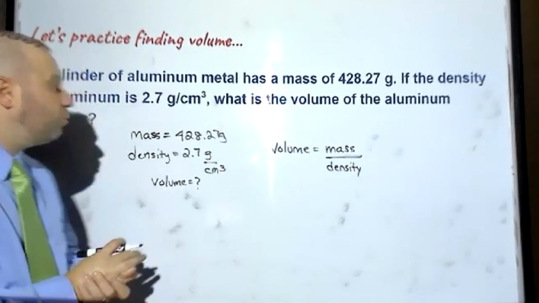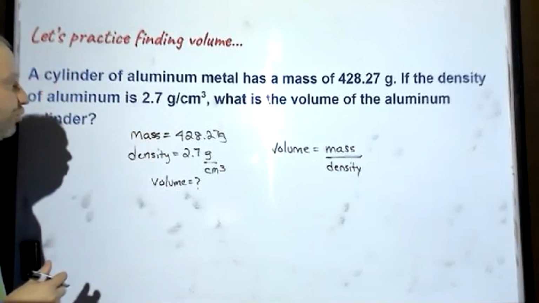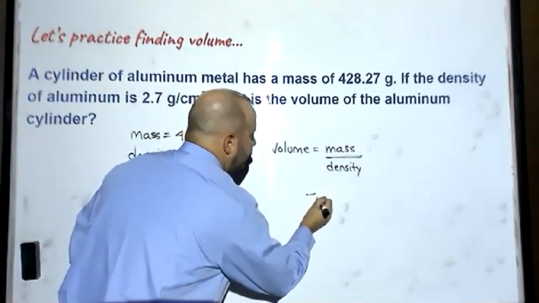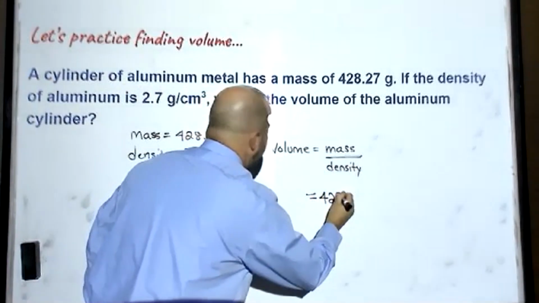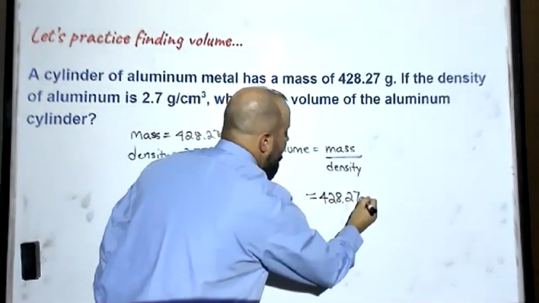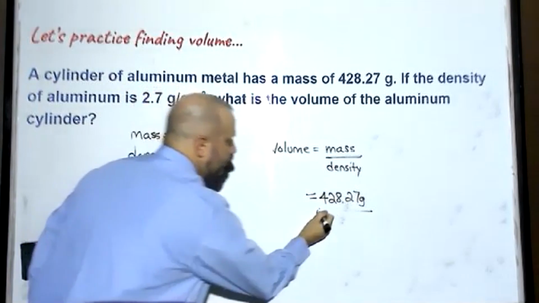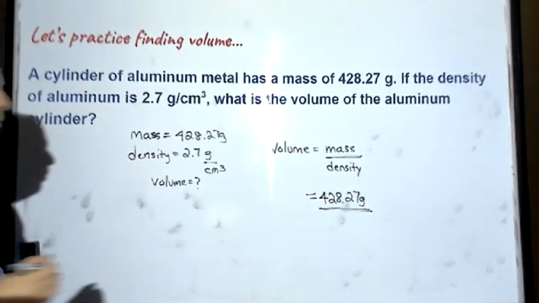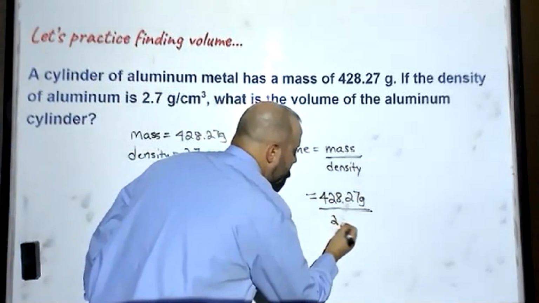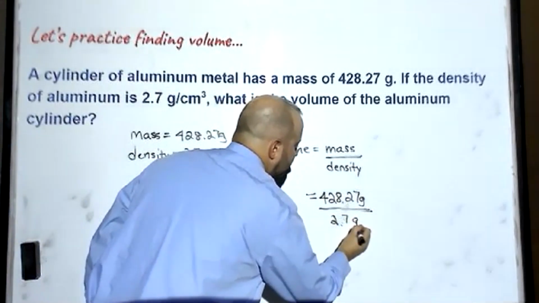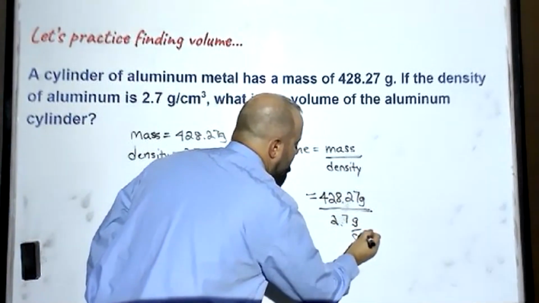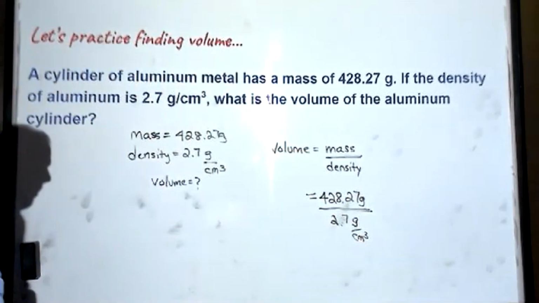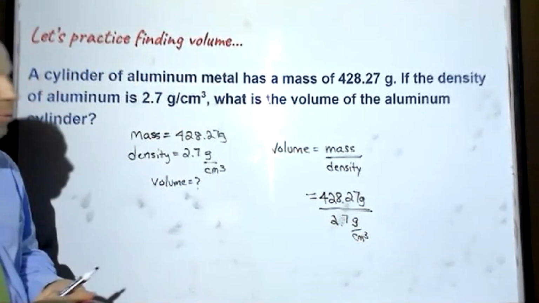Now, for the next part, we're going to plug in our 2 values. So our mass, 428.27 grams, and our density, 2.7 grams per centimeter cubed. Notice that our unit of grams will drop out.